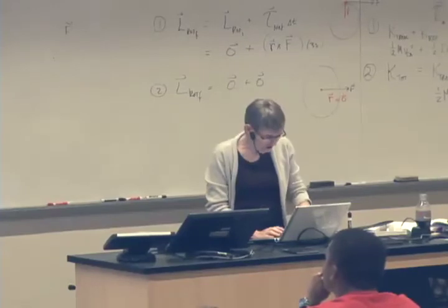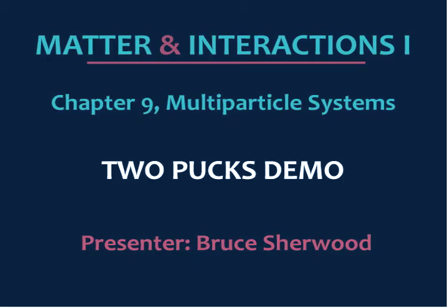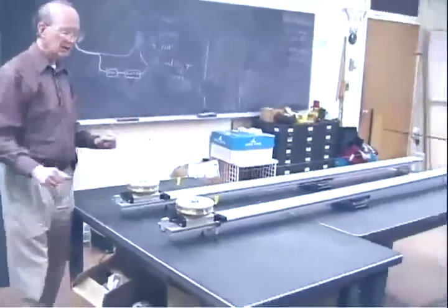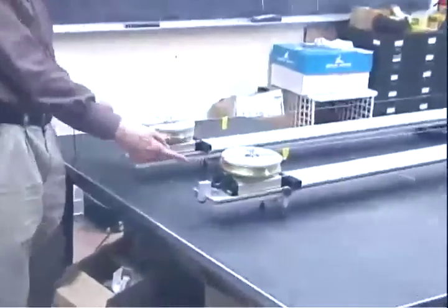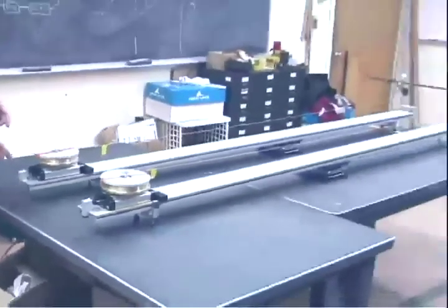Let's actually look at a video. Here we have equipment that's sort of like two pucks sliding on ice. What we really have are two heavy pulleys riding on two carts that will roll on these long aluminum tracks.